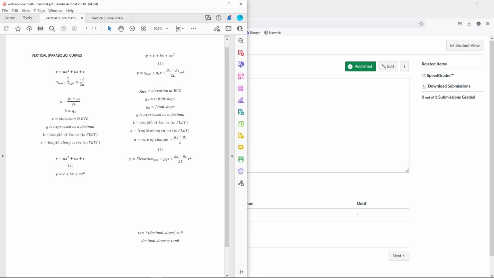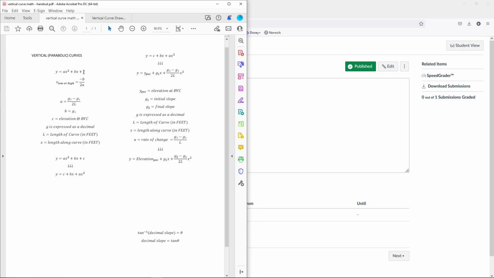So we're going to ignore this x low or high for right now. But let's look at this first component, a. Here is how we can calculate that variable a. And then b has a component here. This g1 is the same as the variable b.